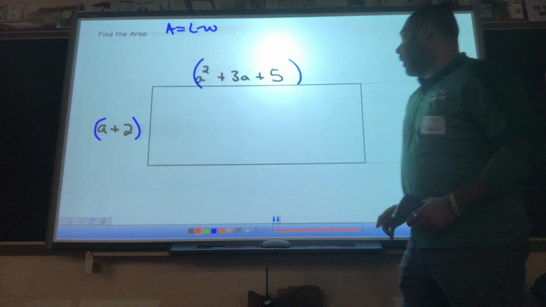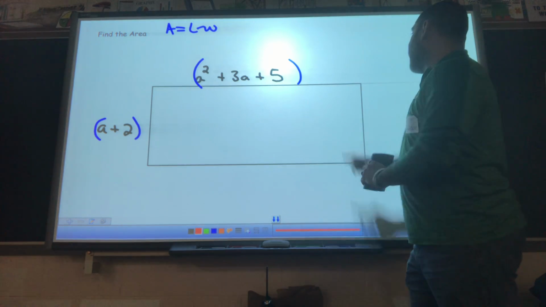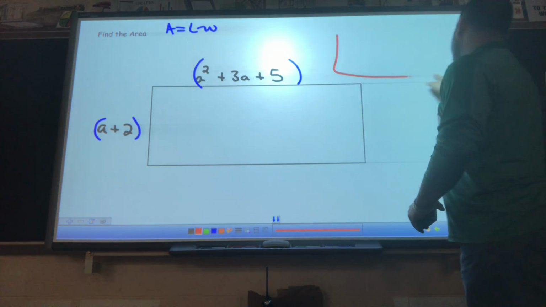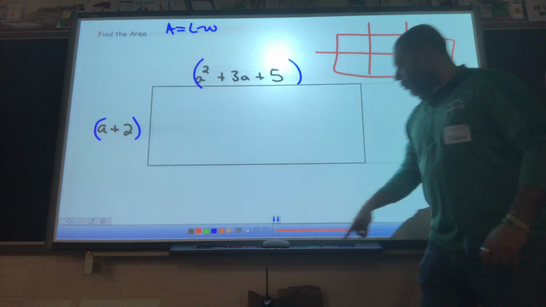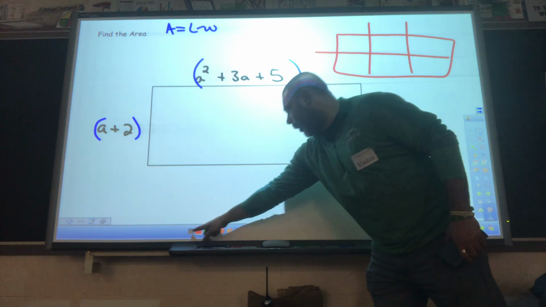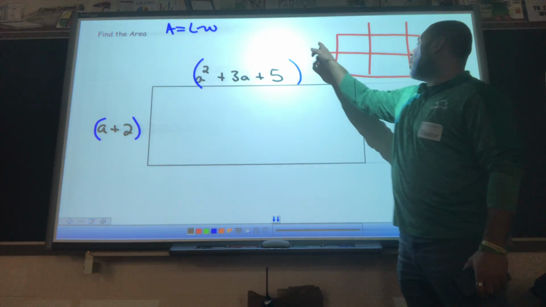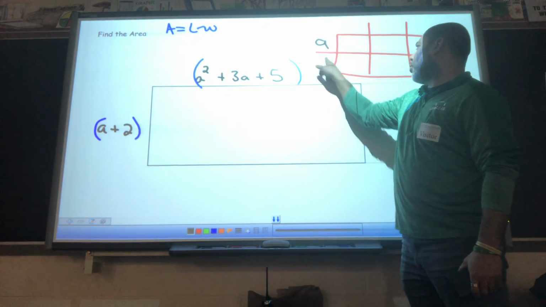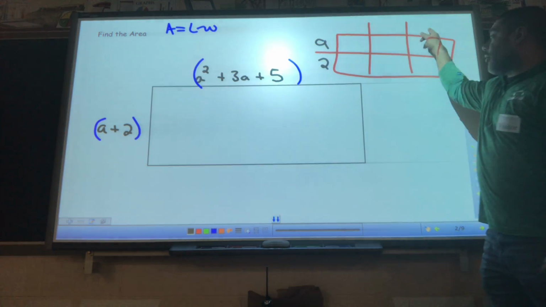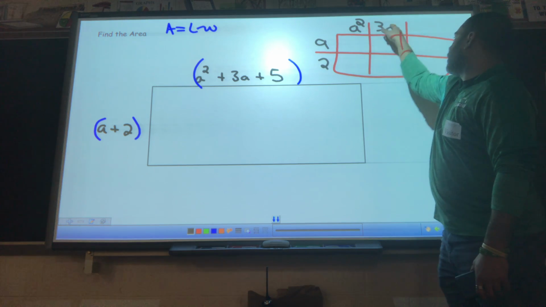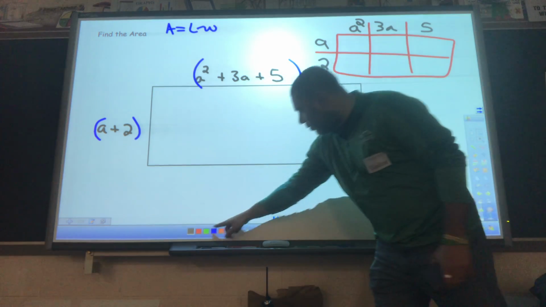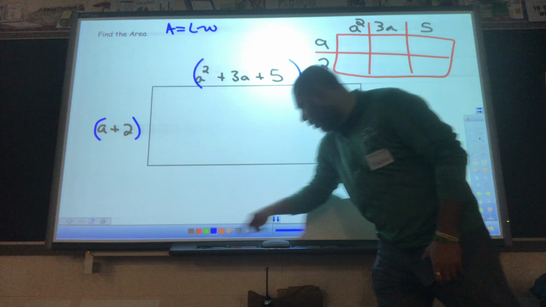Since it's multiplication, we're going to make our 2 by 3 box. On the side with 2, I put my binomial, a plus 2. On the side that has 3, I'm going to put my trinomial, a squared plus 3a plus 5. And I have 6 multiplications I need to take care of.